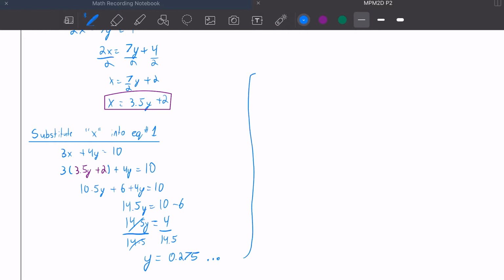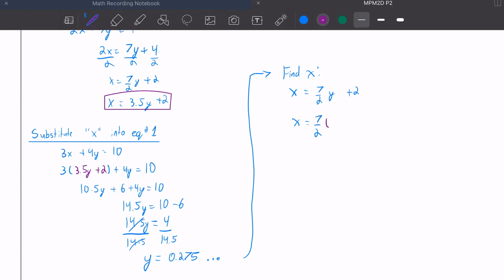So our next step, what we're going to do, is find x. So what we're going to do is take this equation here where we have x equals 7 over 2y plus 2. We're going to sub in for y what we had discovered as being y.